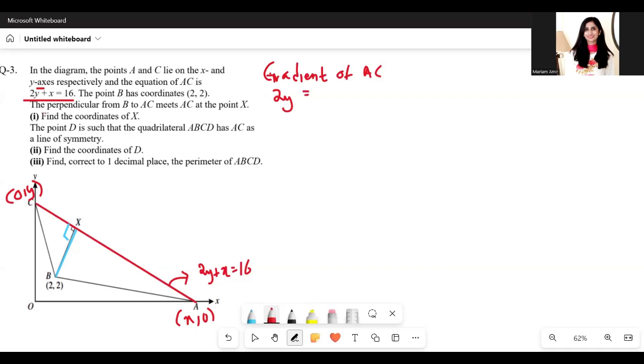We have 2y equals minus x plus 16. And then we have y equals minus half x plus 8. So the gradient of AC is negative half. Which means that the gradient of BX will then be the negative reciprocal of that, which is 2.